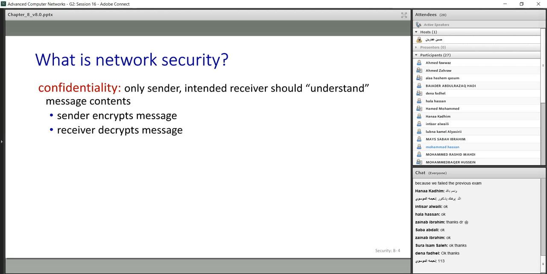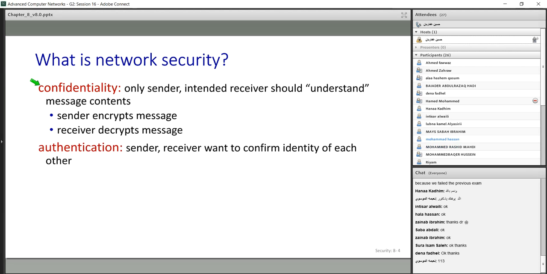So I'm encrypting the message, then sending it over a shared network, and the receiver receives the message, decrypts it, and extracts the real message. This is one of the means of security, but it's not all of security.